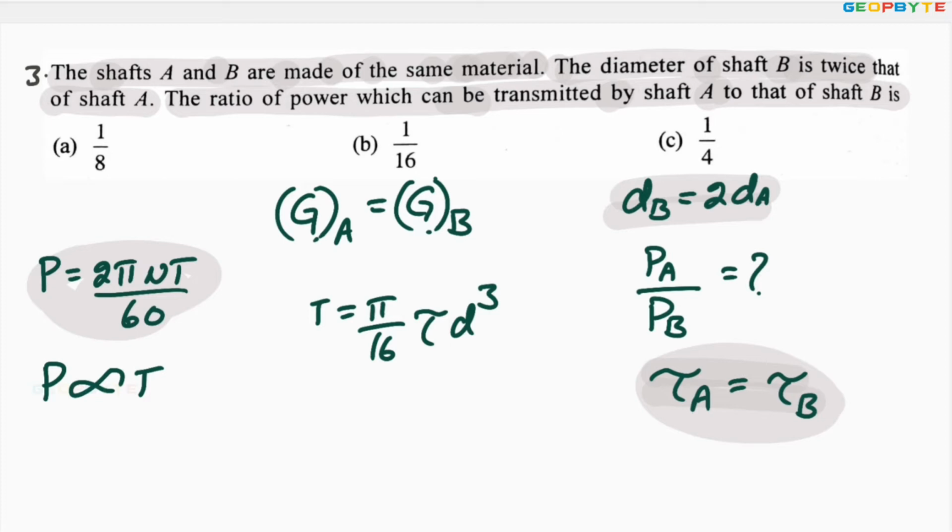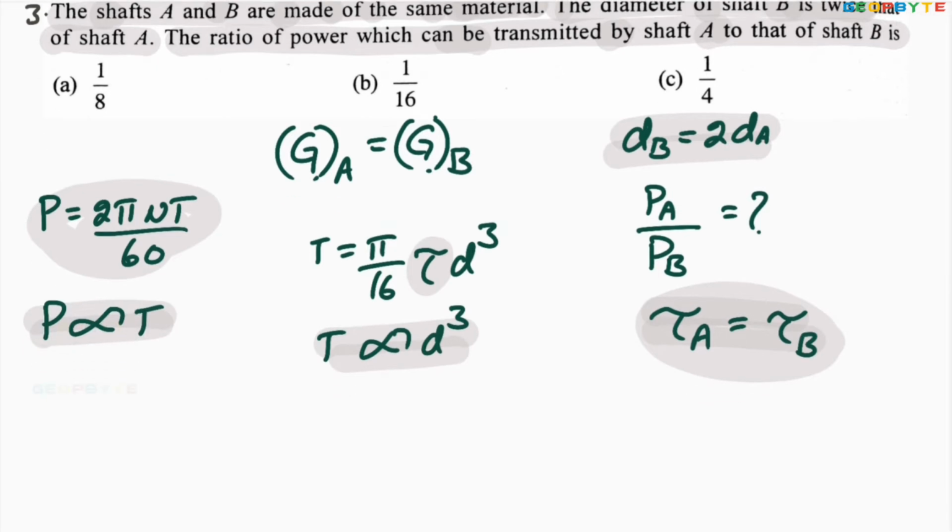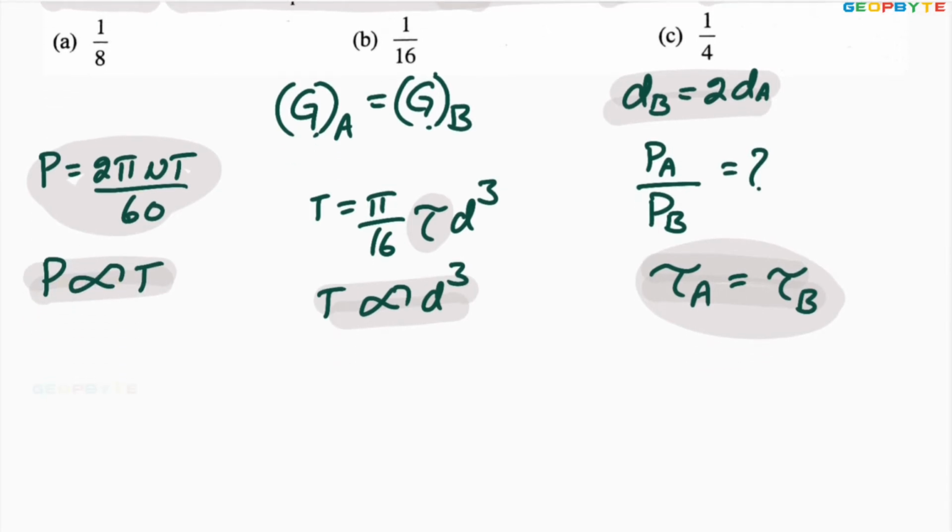So torque is proportional to d cube, and power is proportional to torque, which is proportional to d cube.